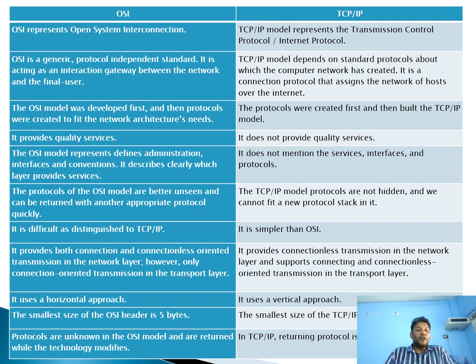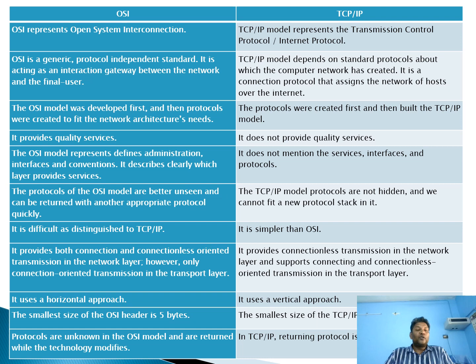The OSI model defines administration, interfaces and conventions. It describes clearly which layer provides services, but in TCP/IP it is difficult to distinguish services, interfaces and protocols. TCP/IP is simpler than the OSI model.